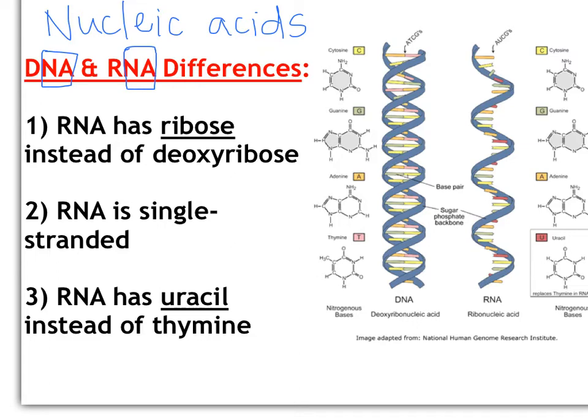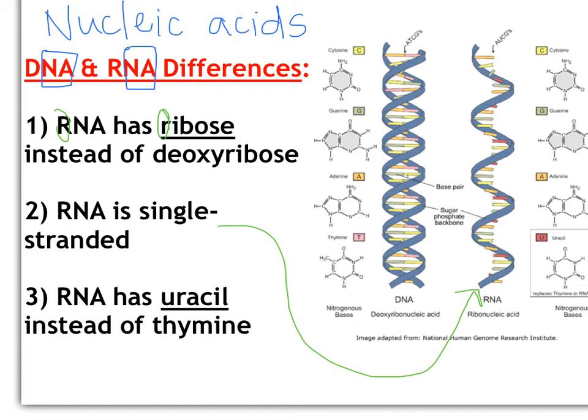Okay, so the 3 major differences that you need to remember is that RNA has ribose, fairly simple to remember because of the R's, right? It's got ribose instead of deoxyribose, that's why we call it RNA. RNA is single-stranded, so if you look over here, it only has one of the backbones instead of 2, like DNA does.